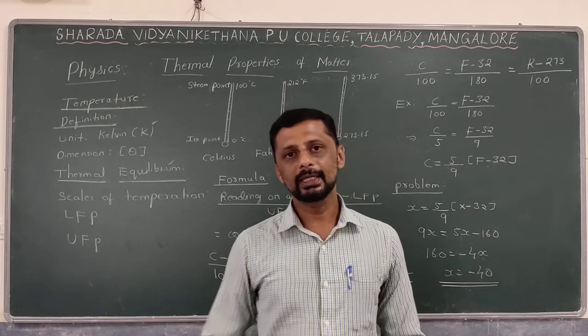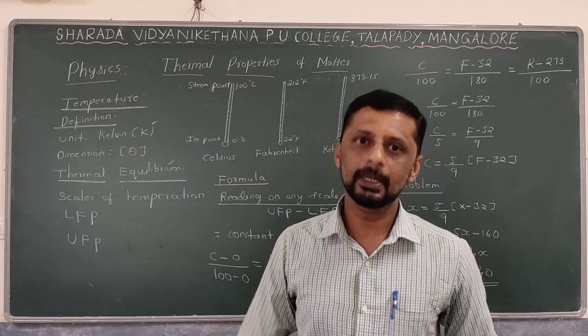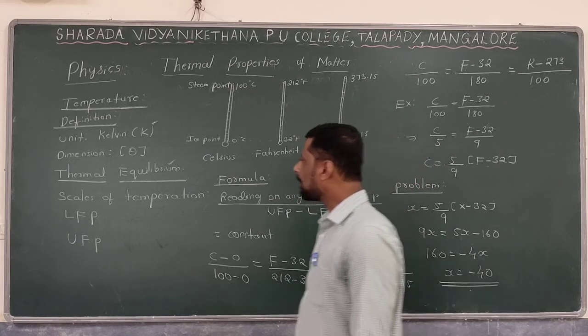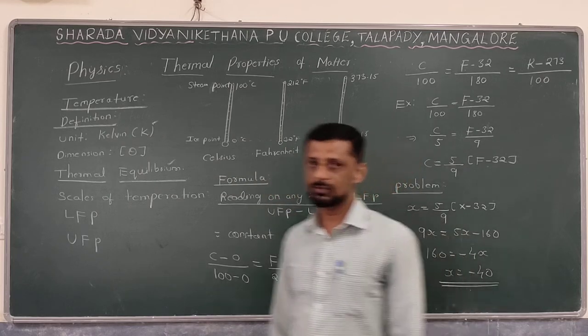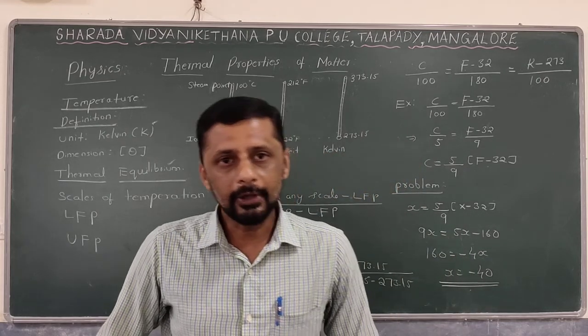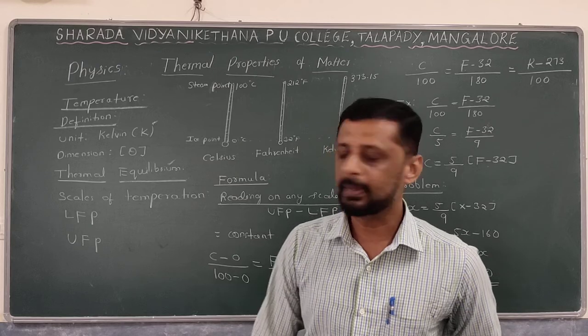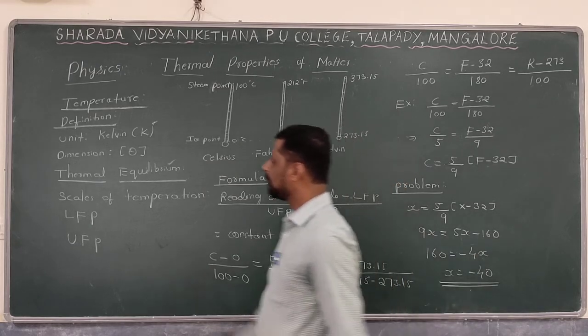In order to measure temperature, normally we use different types of scales. The three most commonly used scales are the Celsius scale, Fahrenheit scale and Kelvin scale. In order to construct a scale of temperature, normally we use two fixed points.